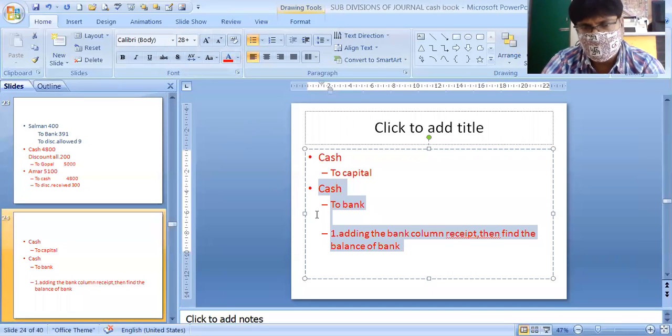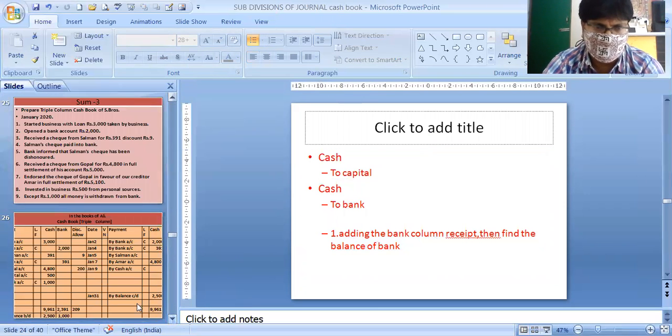For that, step number one, you have to add the bank column, because from the bank you have to take out the money. We are not depositing the money into the bank. We have to know how much balance is left in the bank. So we first add up the bank column receipt side and then find the balance of the bank. Whatever the balance, we will leave 1000 and the rest of the money will become our contra entry as cash to bank.